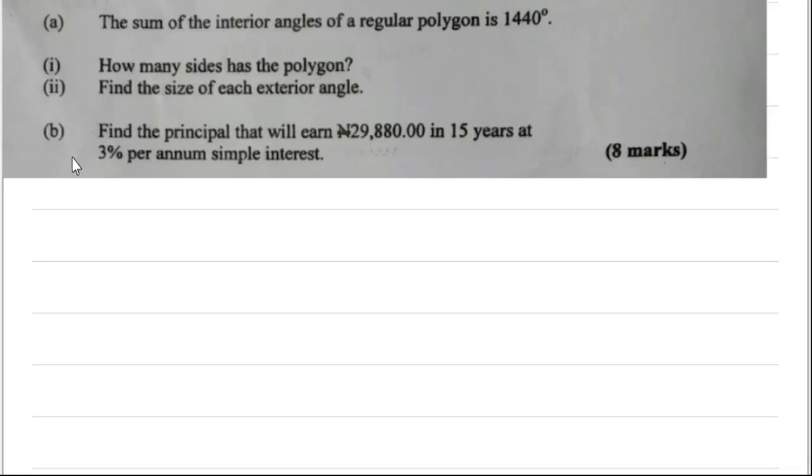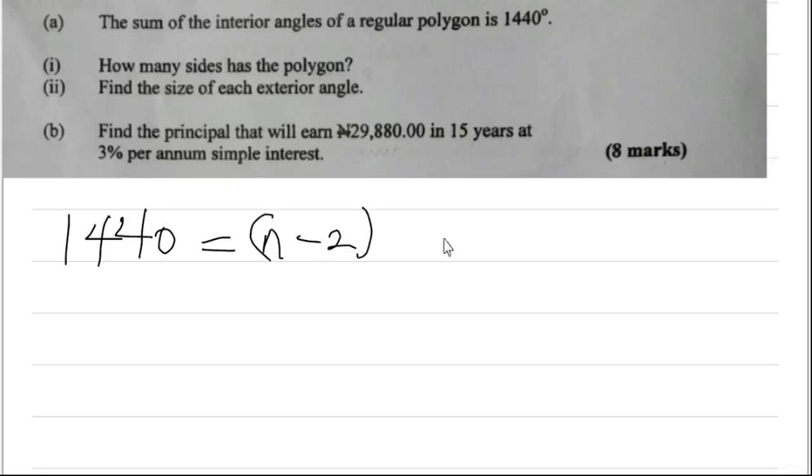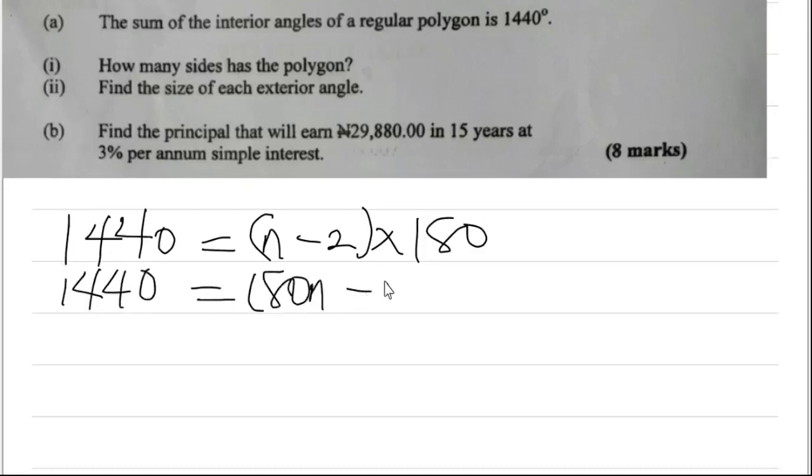In doing this, how many sides has the polygon? You realize that it is a regular polygon, and the formula for the sum of interior angles is n minus 2 multiplied by 180. So you expand to have 1440 is equal to 180n minus 360.